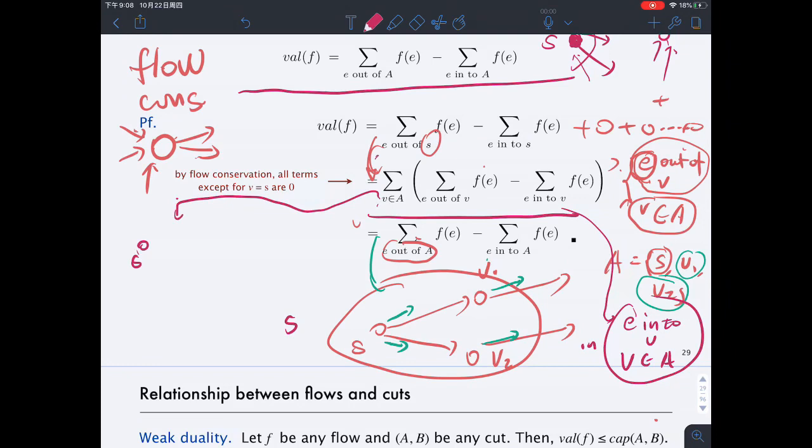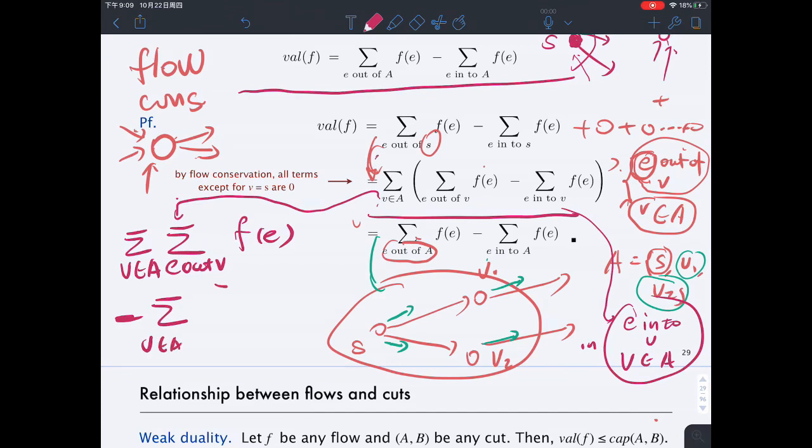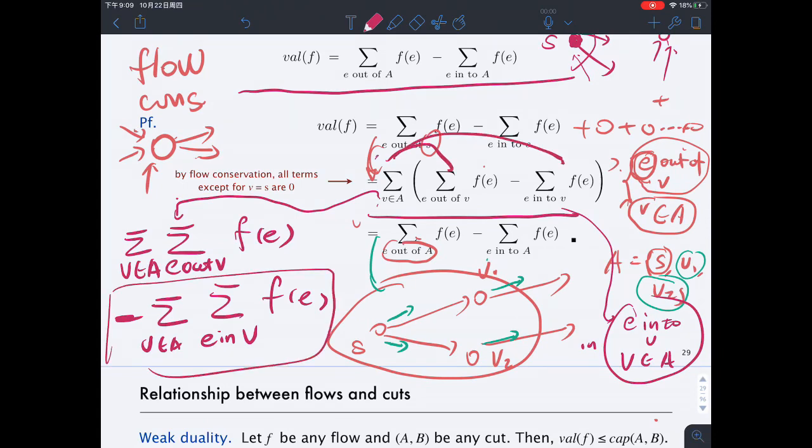This term is actually the same as the sum over V out of A, V inside A, and E out of V, minus the sum over V inside A, E coming into V. I'm just using the associative rule to put all the summation together.